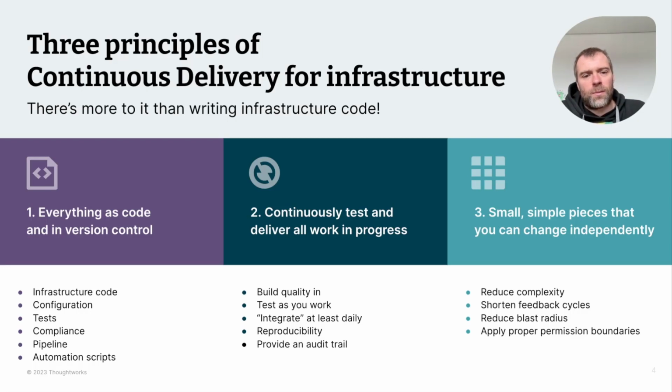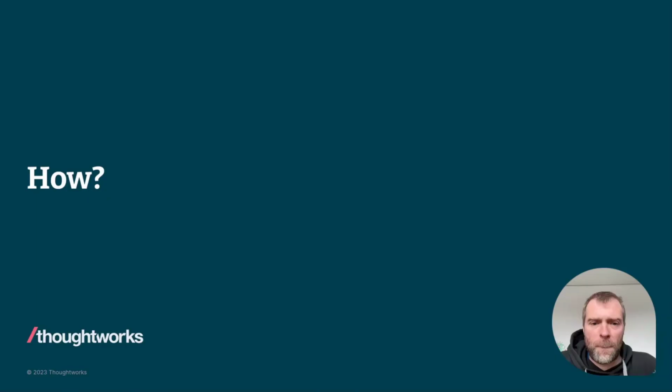And by keeping them small, you also reduce the blast radius. So this means the effect if something goes wrong. And you can also apply proper permission boundaries if you make the infrastructure components or modules rather small, because this avoids the situation where you have to grant wildcard access to a whole department or your organization.